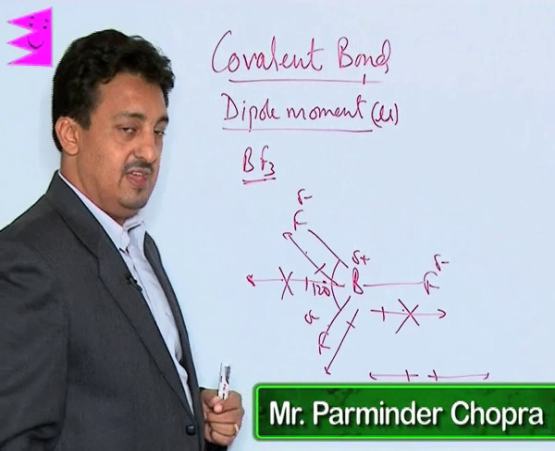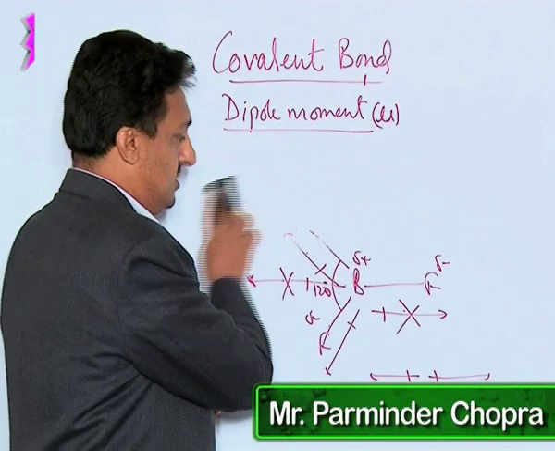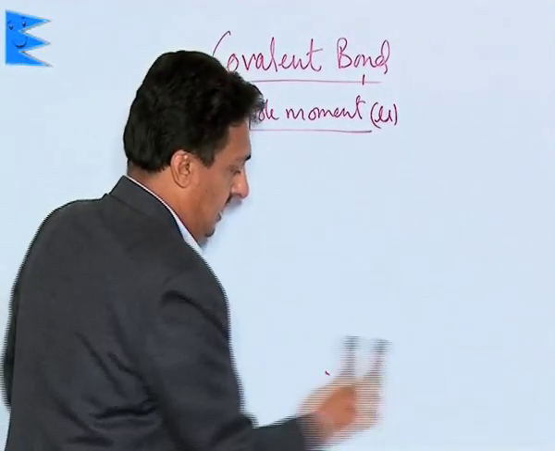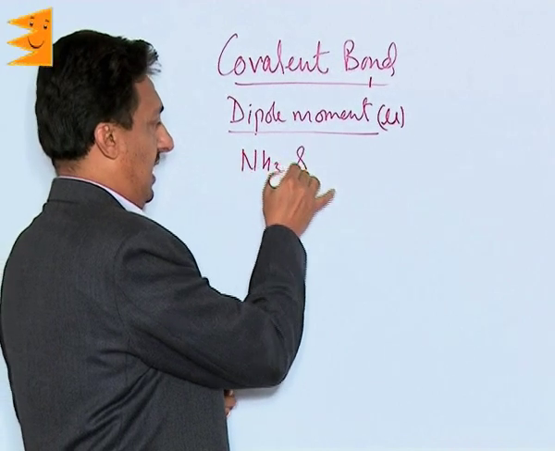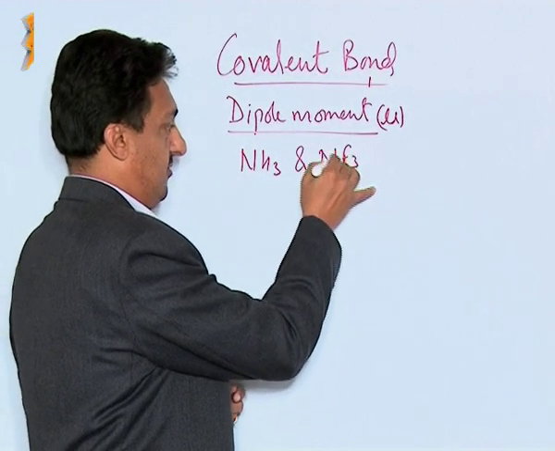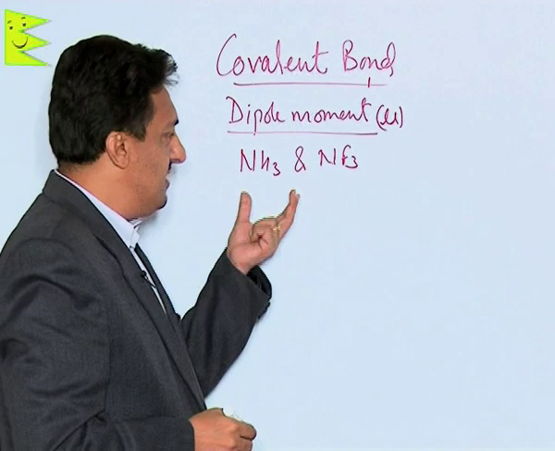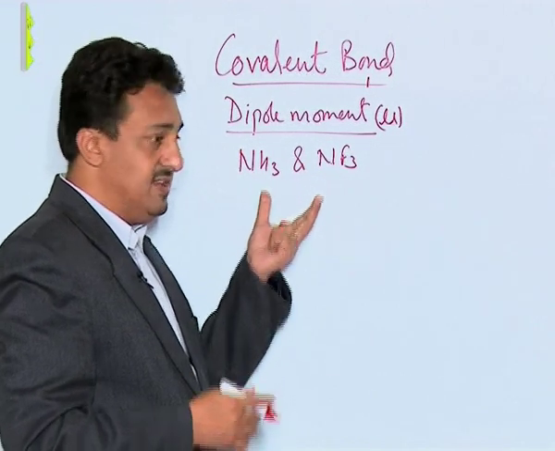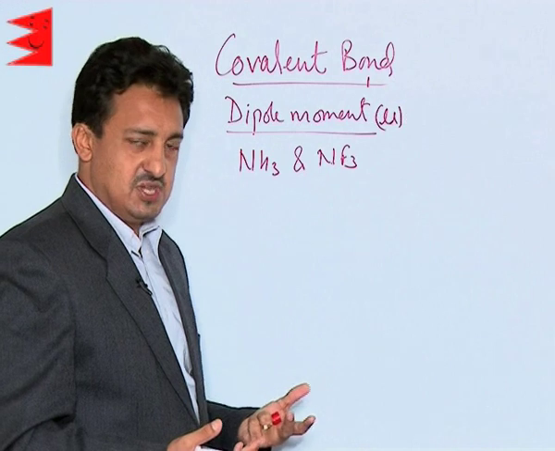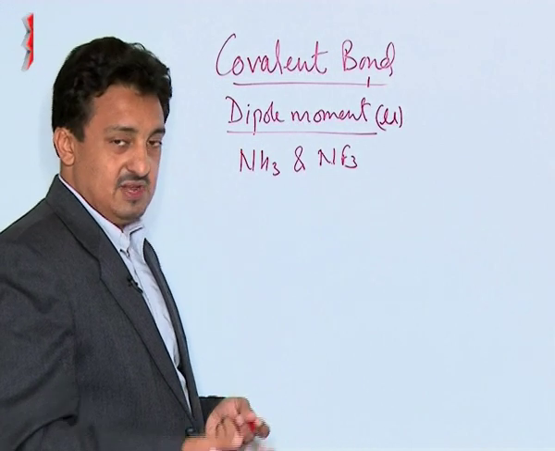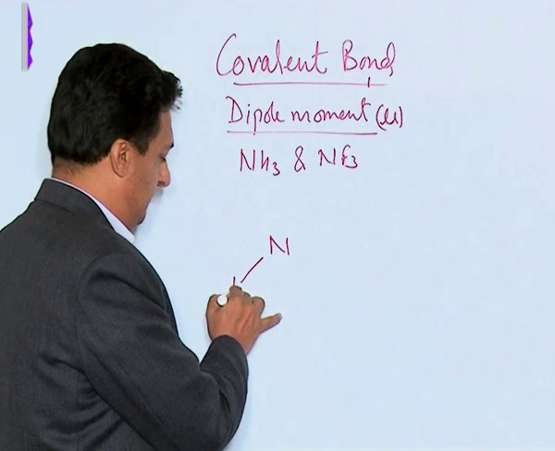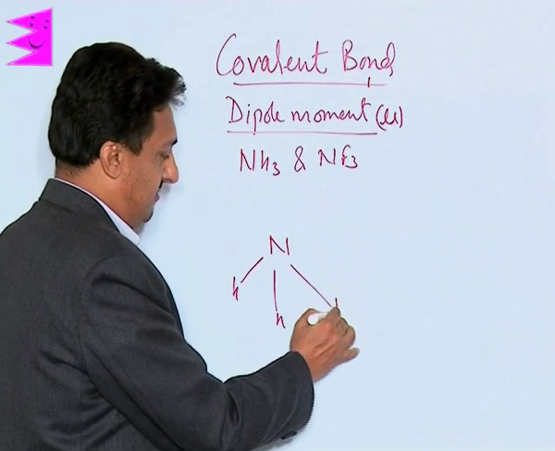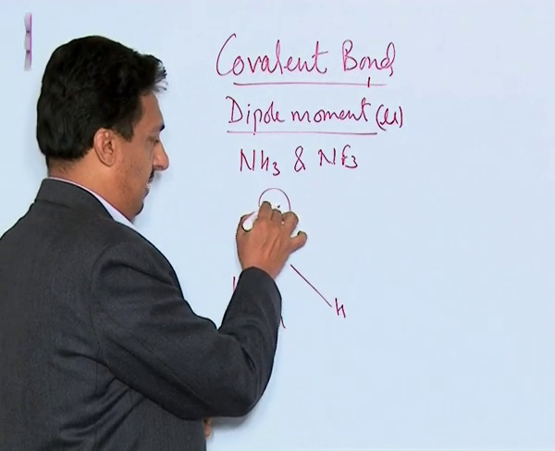Now let us take two very important examples to discuss this: ammonia and NF3, nitrogen trifluoride. Both these molecular species have almost the same structures. The geometry is the same, it's pyramidal. In ammonia, there are 3 hydrogen atoms like this, and there is a lone pair above it.